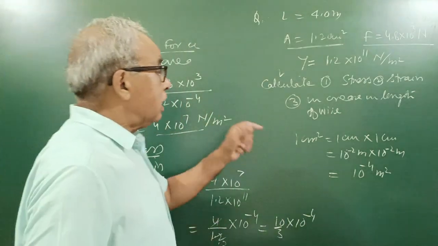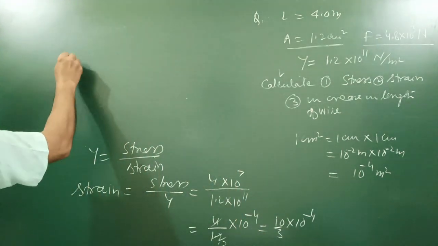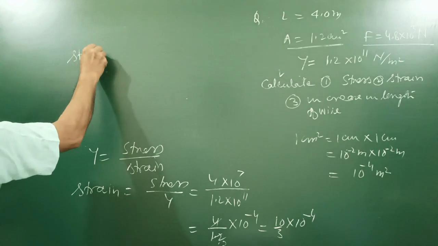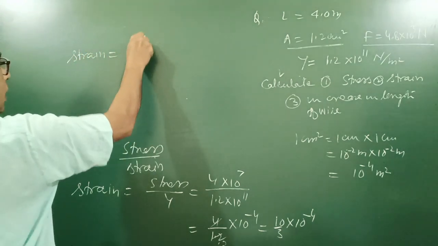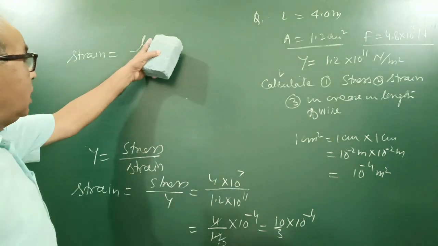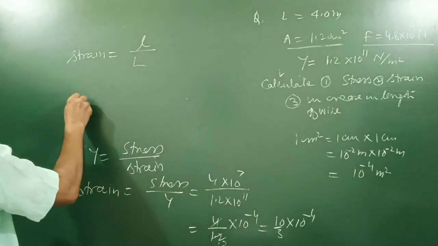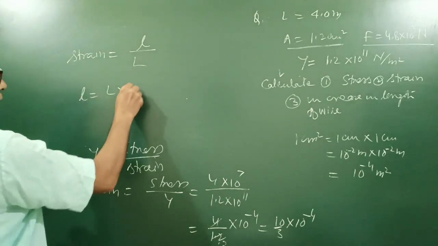Then you are asked increase in length. So you know strain is equal to increased length upon original length. Or you can write delta L. So small l equal to L into strain.